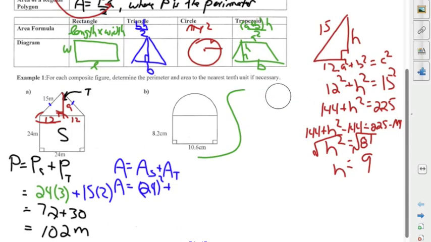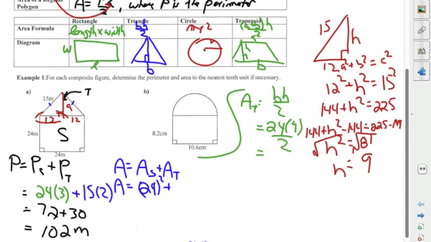I'm going to do the area of this triangle over here. A of T is equal to base times height over 2. So base is 24. The height is 9, over 2.